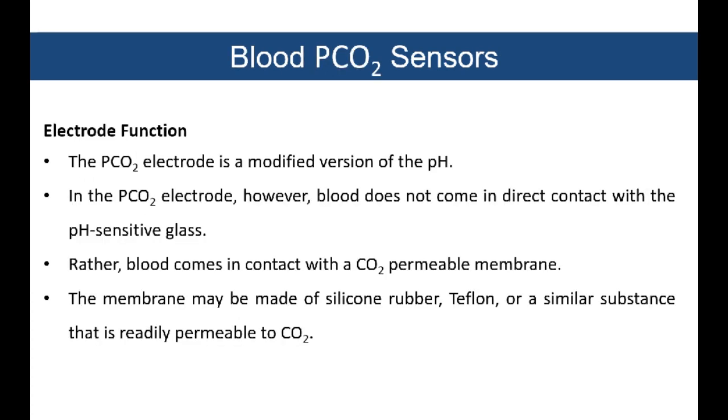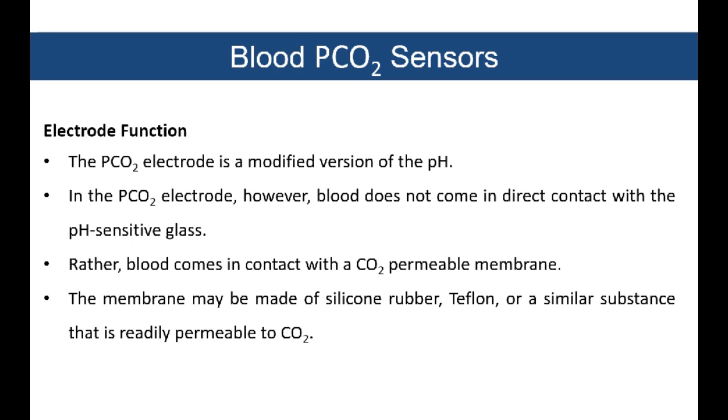Now we are going to see the blood PCO2 sensor. Electrode function: the PCO2 electrode is a modified version of the pH electrode. That is, the structure is the same, the function is the same, but it is a modified version.